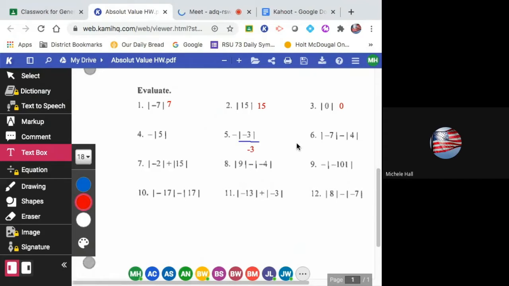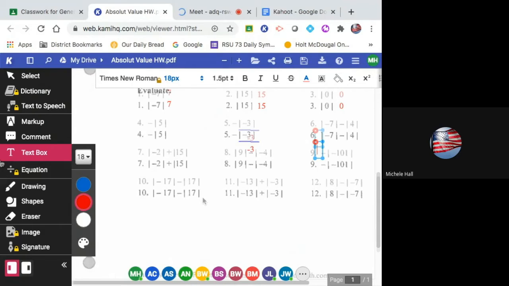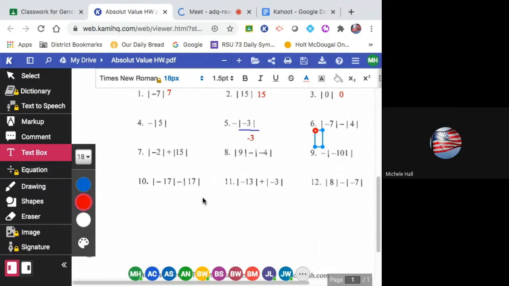Try number 6, the absolute value of 7 minus the absolute value of 4. If you click on the text box, go ahead and fix it. It's fine. That's why we're going over this right now instead of doing a new lesson today. What's the absolute value of -7, Jeremy? It's 7. -7 is 7 units away from 0.